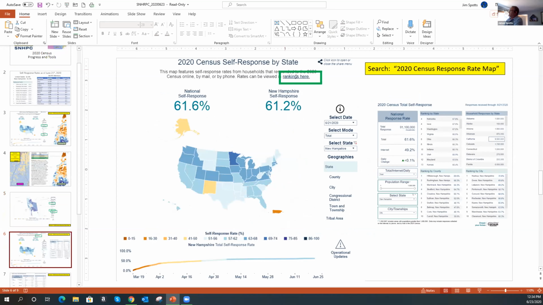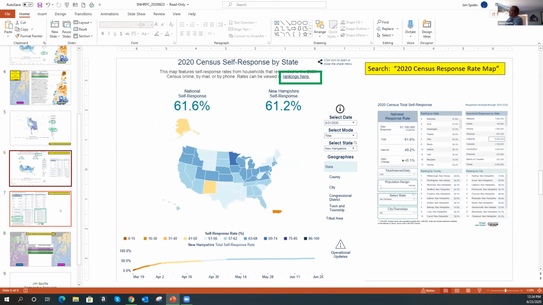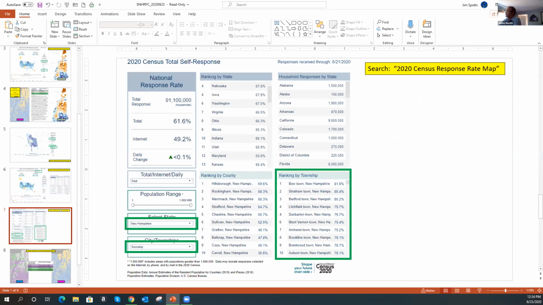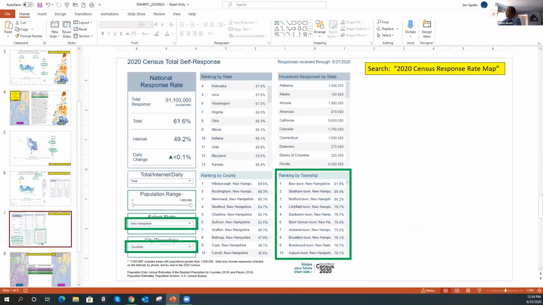If you go up to the rankings, you can break down the information in a tabular format and find out exactly where your community stands with regards to the other communities around you, or where your community stands with regards to the rest of the state.